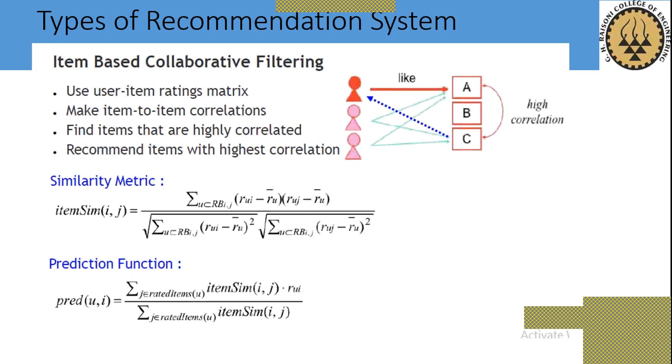So for the user u, which item do you have to predict?